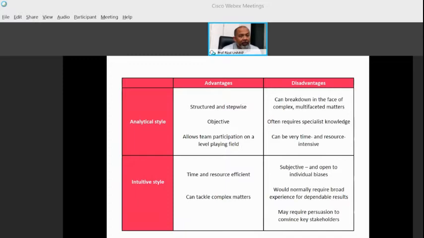Of course, there is what we call analytical and lateral. If you read on thinking tools or thinking methods, sometimes they put it as vertical and lateral.